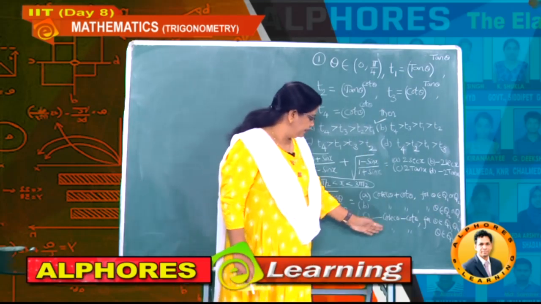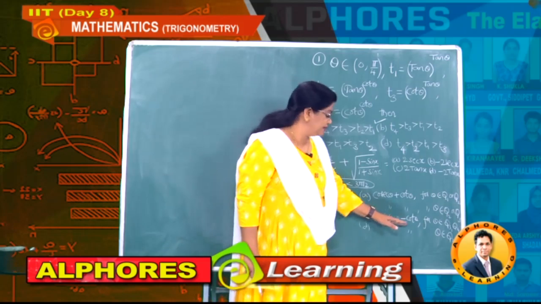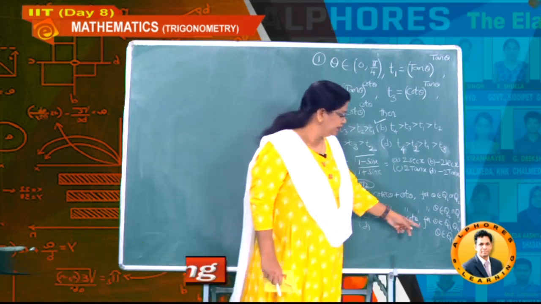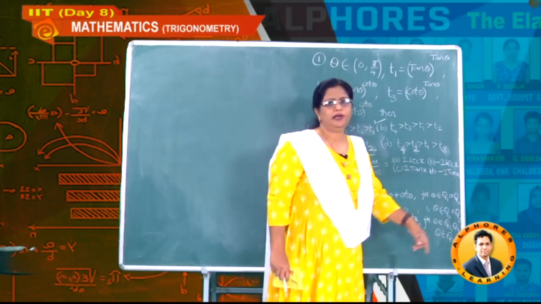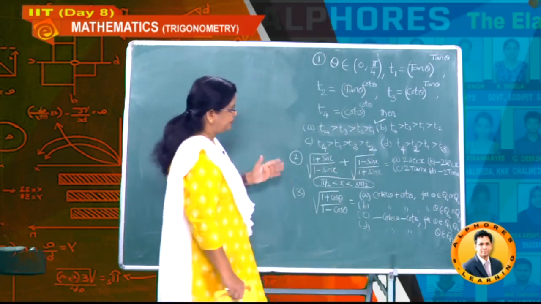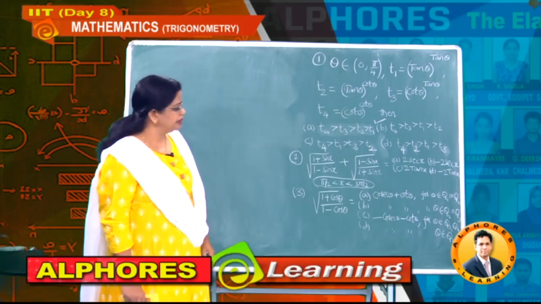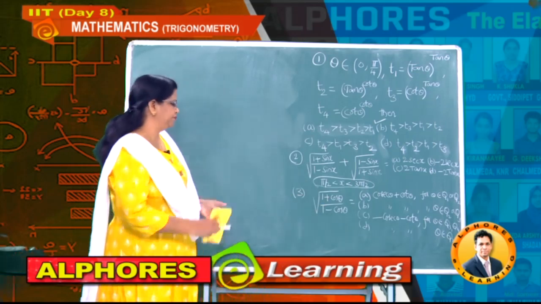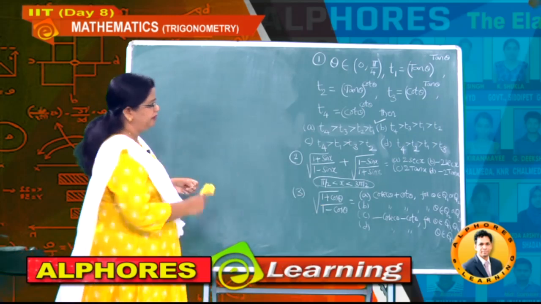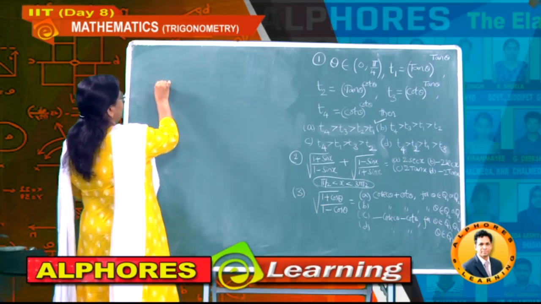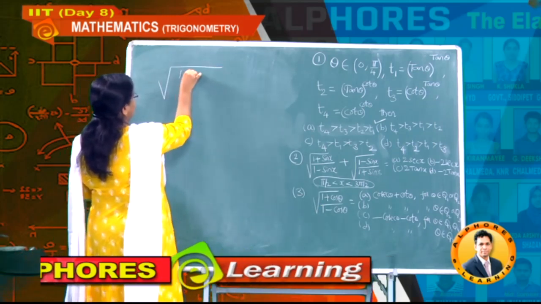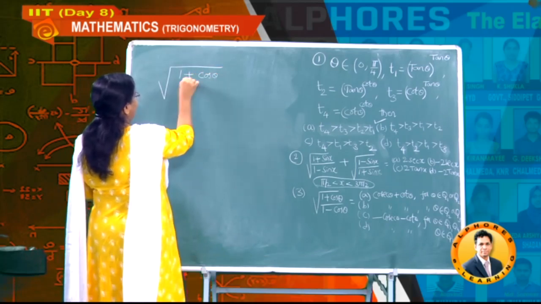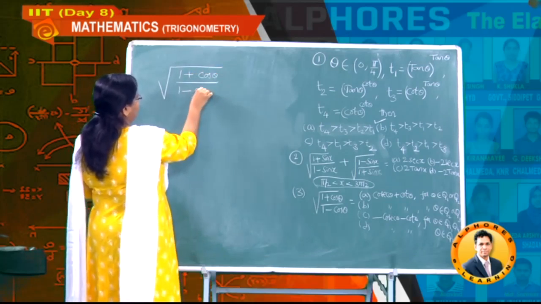In the same way, option 4 is minus cosec minus cot when theta belongs to the second quadrant or first quadrant. So you have to decide about this, and this may have more than one answer also. Then in the same model as the previous problem, it is under root of 1 plus cos divided by 1 minus cos.